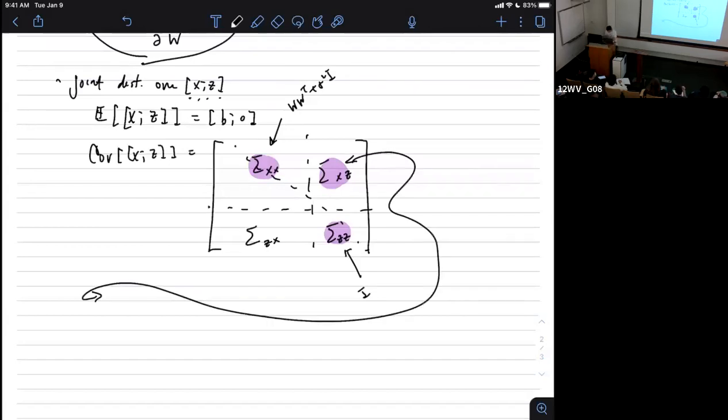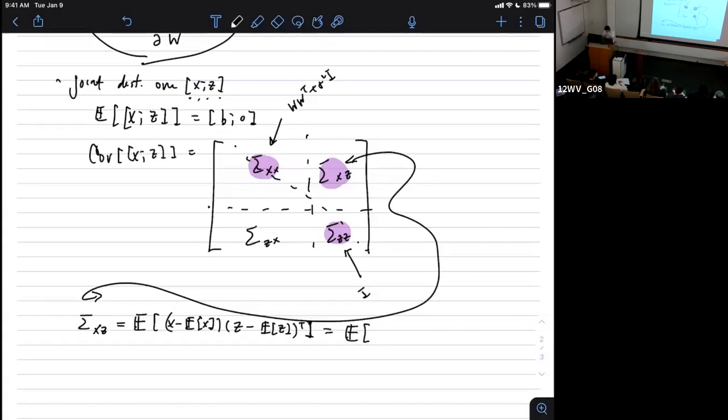We can write the cross covariance sigma of xz down pretty easily as the expectation of x minus expectation of x, times z minus expected z, transposed.